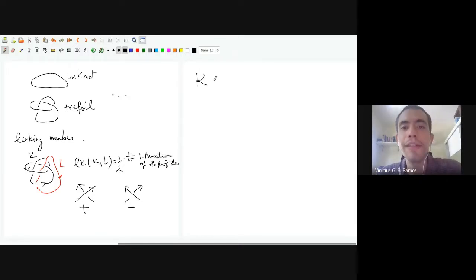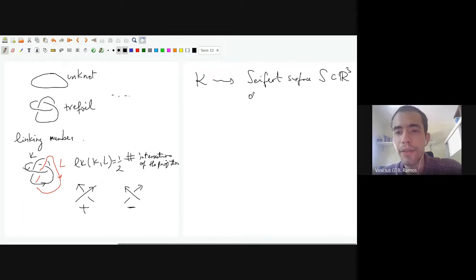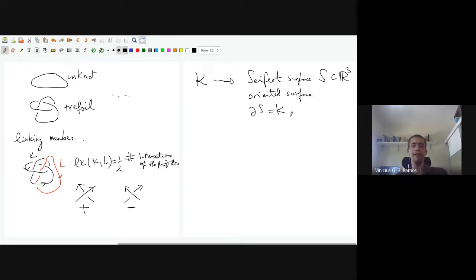So given a knot, there is something called a Seifert surface, which is a surface embedded into R3, which is oriented, and whose boundary is equal to K. So you take an oriented knot, and then there exists this surface called the Seifert surface that has this property.